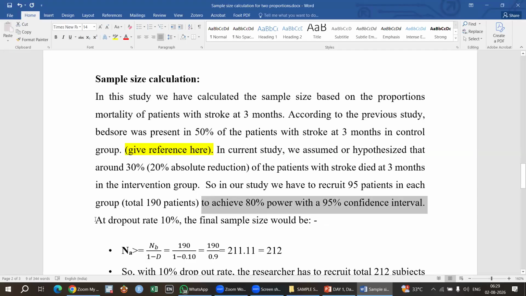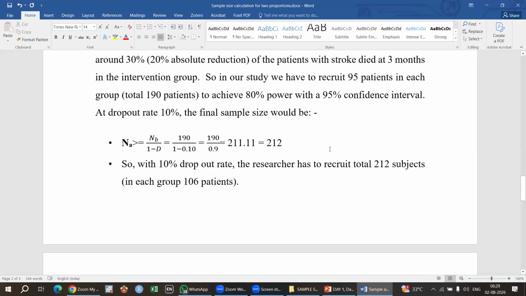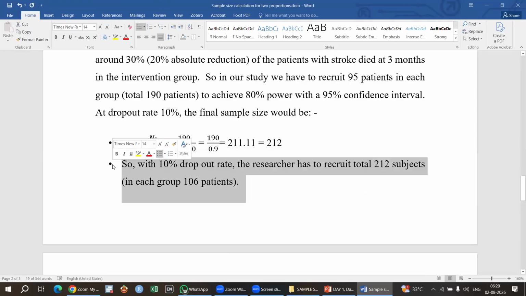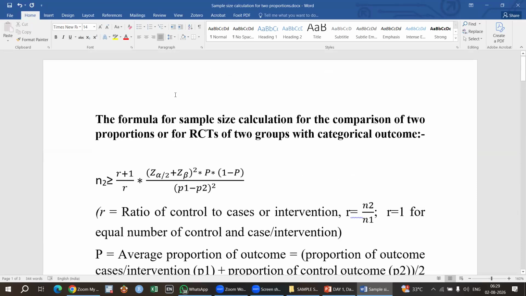At 10% dropout, we can calculate with the formula. So with 10% dropout, the researcher has to recruit a total of 212 subjects, or 106 patients in each group. So step by step, we have to do this.